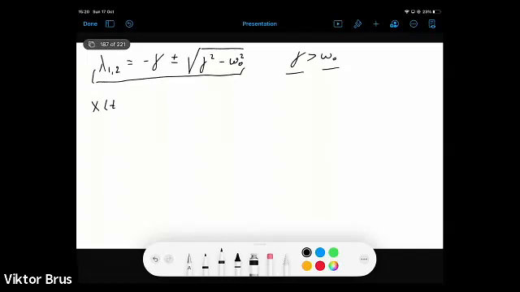Our position as a function of time will be given as constant C1 times exponent lambda 1, the first solution of our characteristic equation, times t, plus C2 times exponent lambda 2 times t. So that is the general form for the solution.